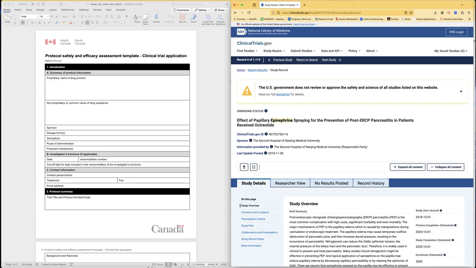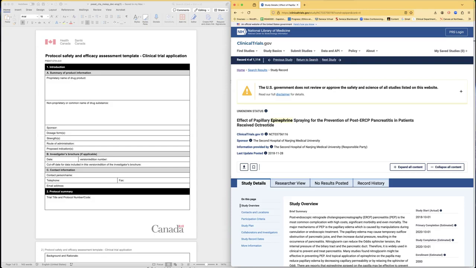So here I'm just going to choose an example of an already registered clinical trial that you can see on the right side of your screen. And I just went to clinicaltrials.gov, which is the official repository of clinical trials.